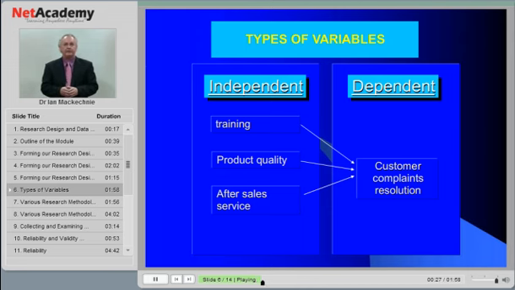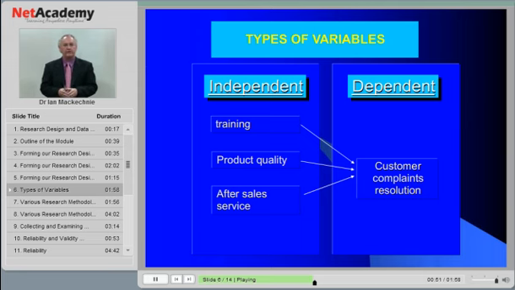And the independent variables, training, product quality, and after-sales service, are the variables which we believe could influence customer complaints resolution. Now, in our research, we can look at all three variables and see how they affect the dependent variable.